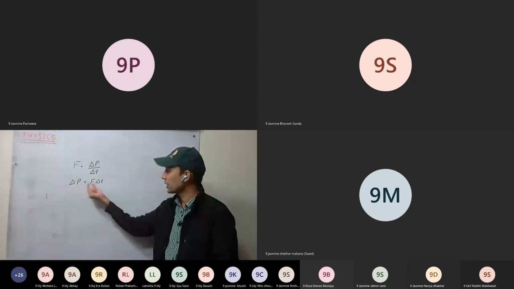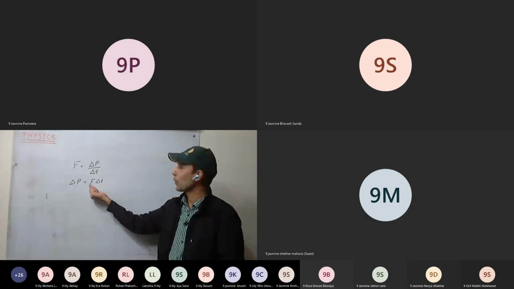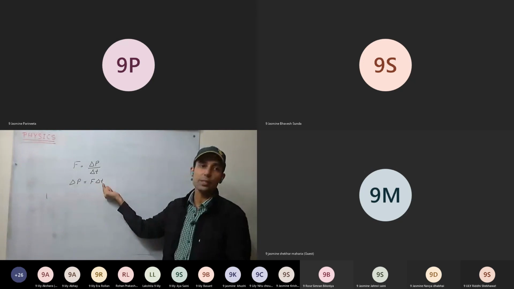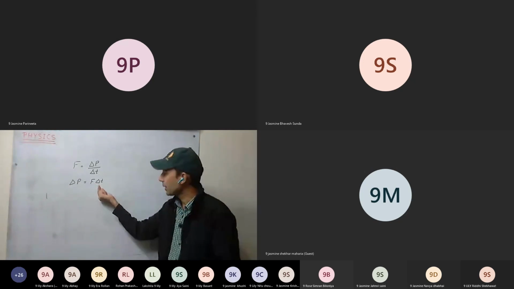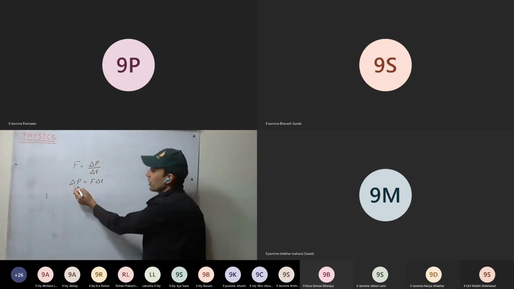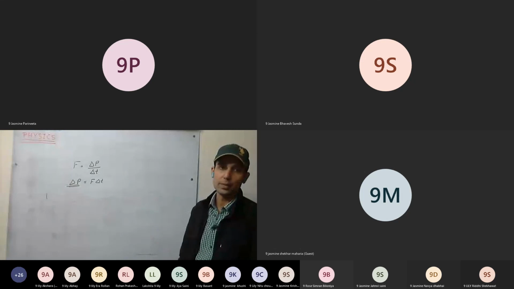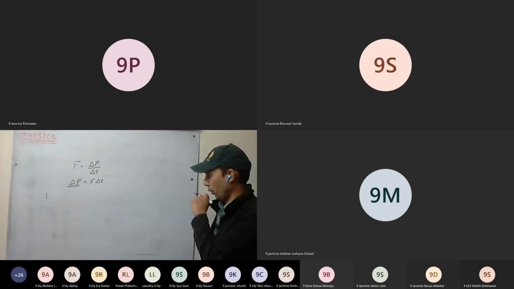So change of momentum is the product of the force applied and the time for which the force is applied. We get the change in momentum. This is clear?